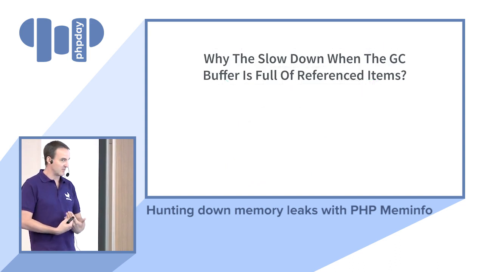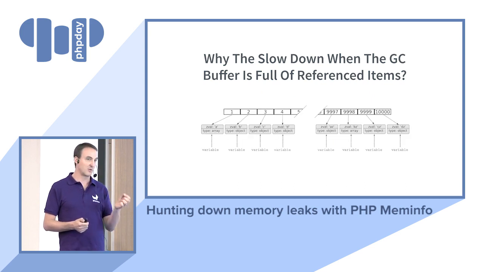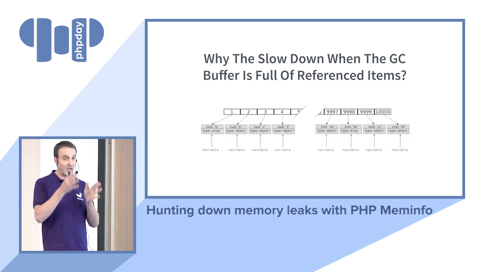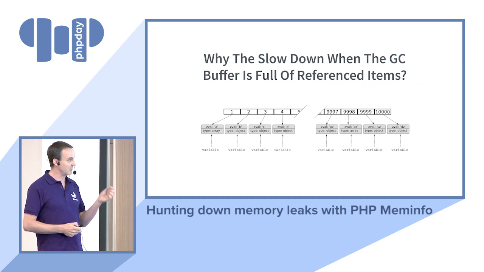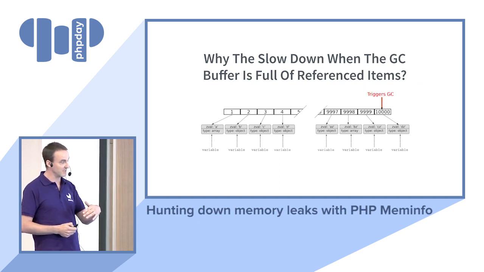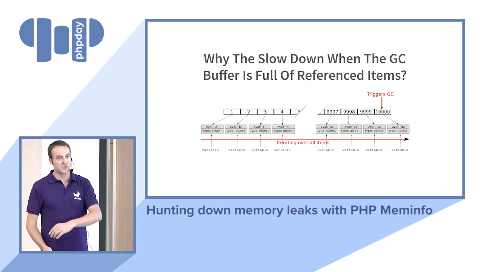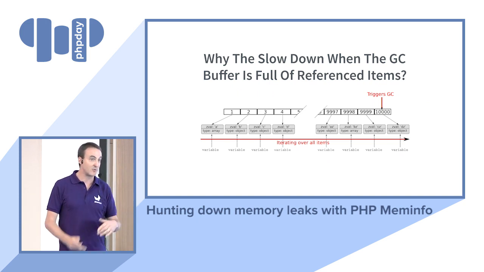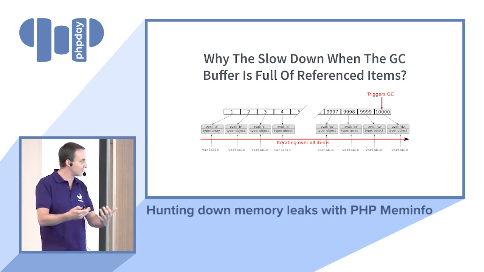And the question is why there's such a big impact. Let's look at a garbage collector buffer full of items that are still referenced by variables. So that's leaking. What will happen each time the buffer is full and a ref count is decremented? The garbage collector is triggered, your program is stopped, and the garbage collector will iterate over all items, trying to find if there are items that can be released from memory.